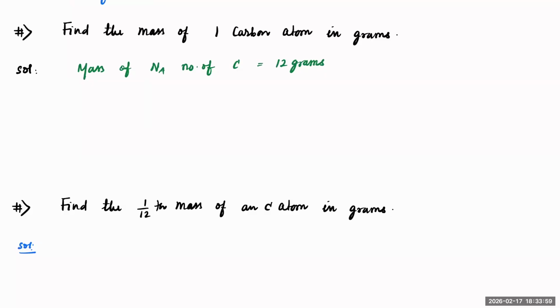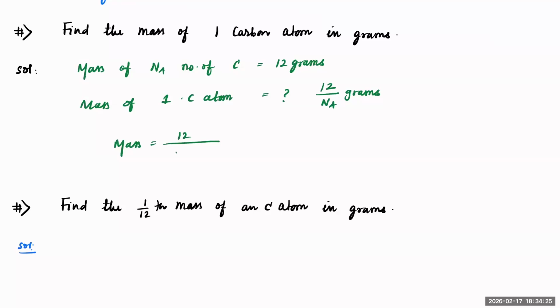So then mass of one carbon atom will be equal to 12 divided by Na grams, isn't it?